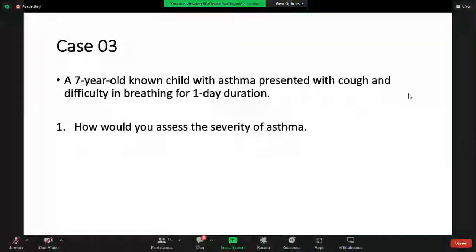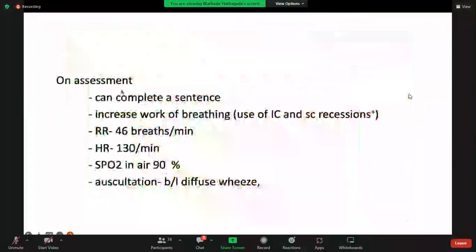Okay. So what are the main classifications of severity? Mild, moderate, severe, and life-threatening respiratory distress. Okay. So that is the classification. So this is what you would see on assessment. So tell me, how would you categorize this distress?